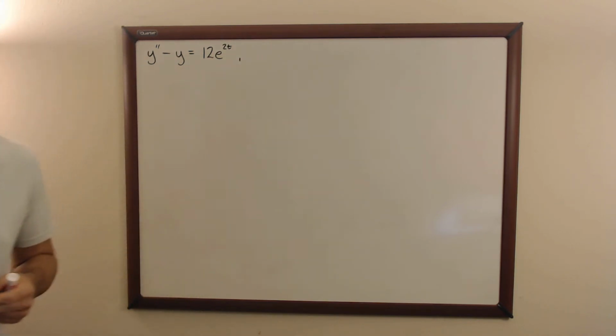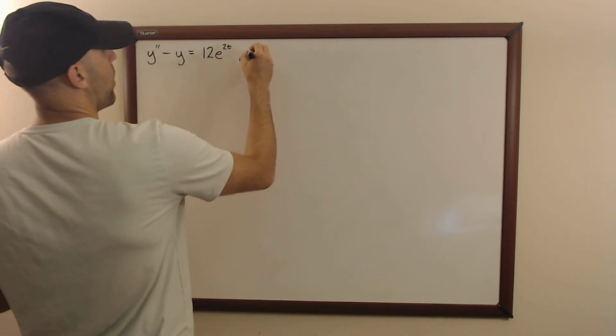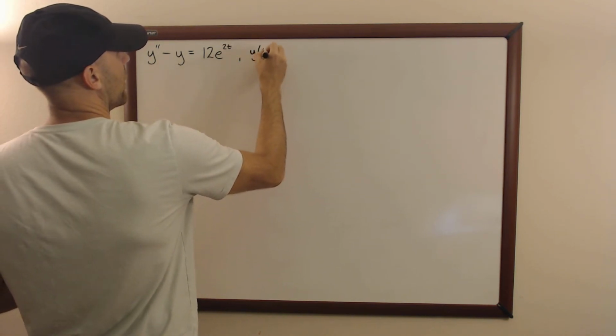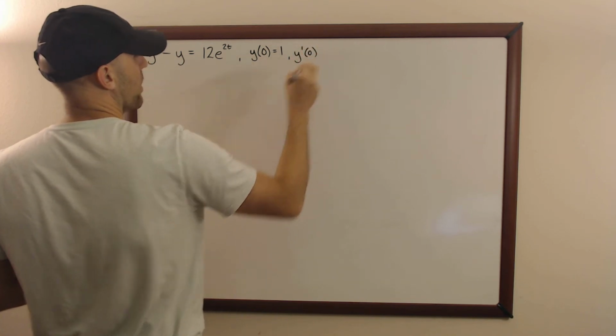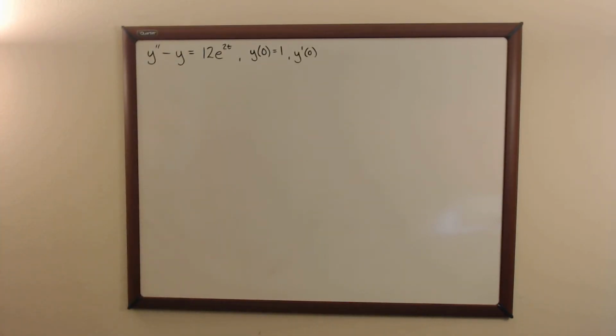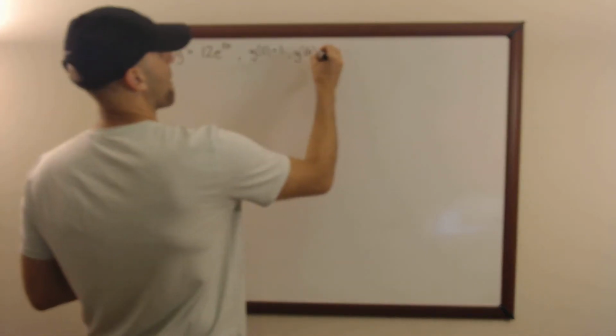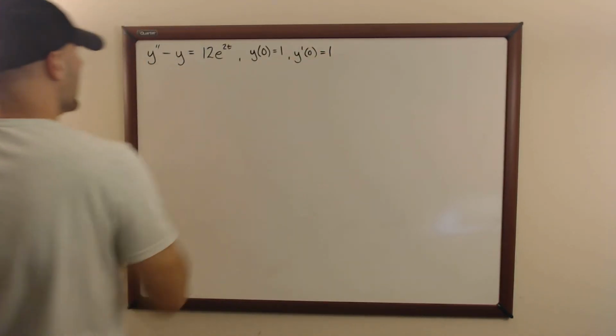And I've got a couple initial conditions here. y of 0 is 1. And y prime of 0 is also 1. Okay. All right, let's see what we've got.